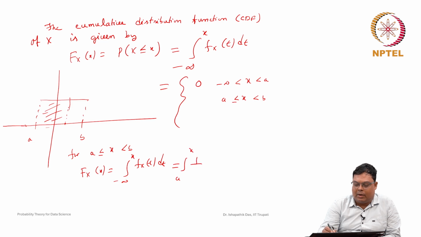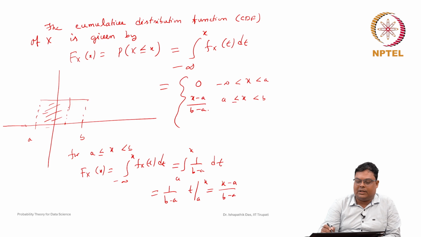Inside this interval the value is 1 by b minus a, so we integrate 1 by b minus a dt. This is t from a to x, so taking the limit, this is x minus a by b minus a.